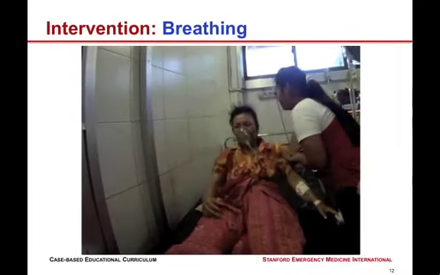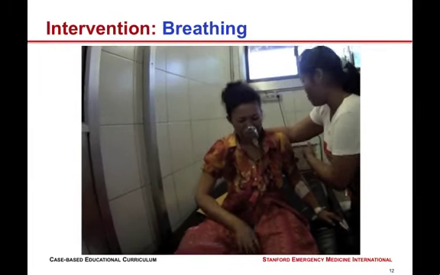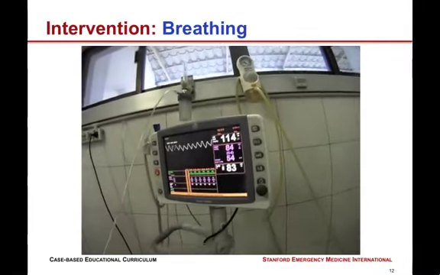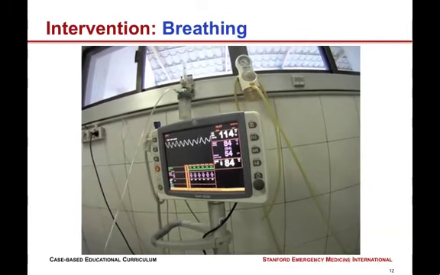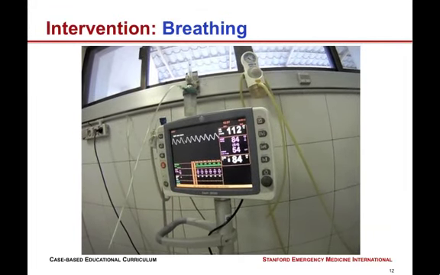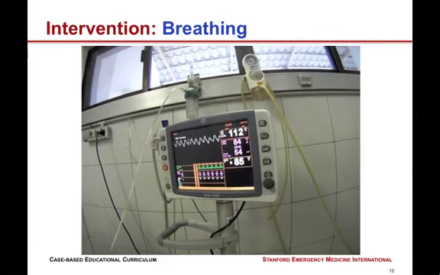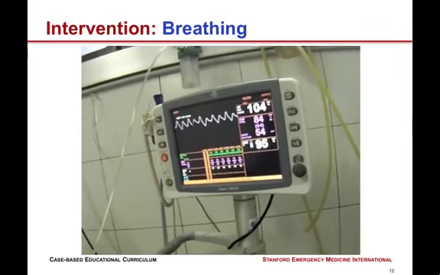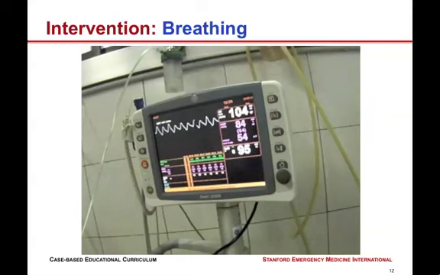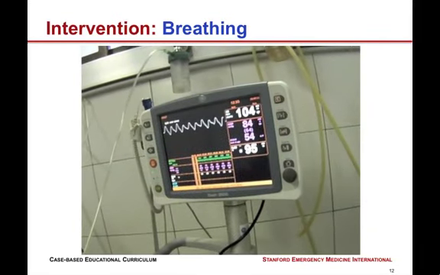It is also helpful in many cases to sit the patient up. As you can see, after only a few minutes on oxygen, the hypoxia decreases significantly. After 5 minutes, the patient had an oxygen saturation of 95%, well within normal limits.